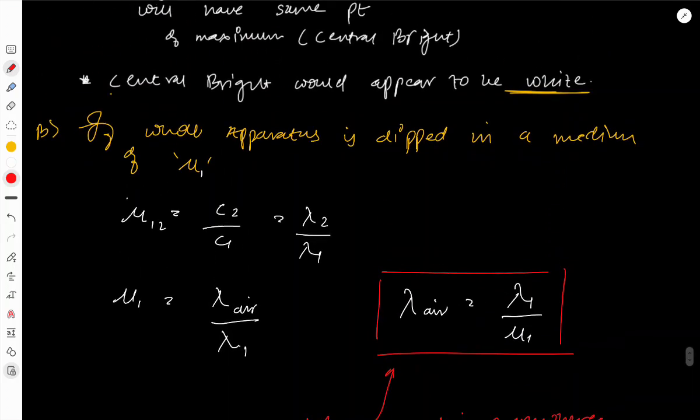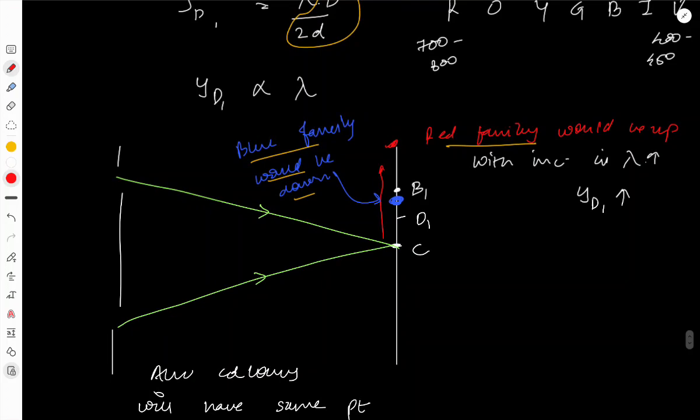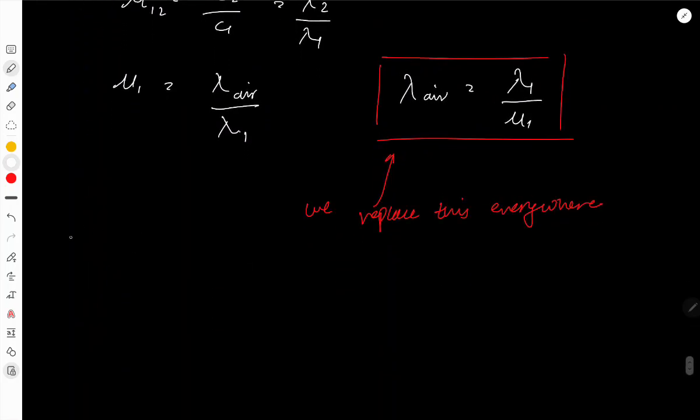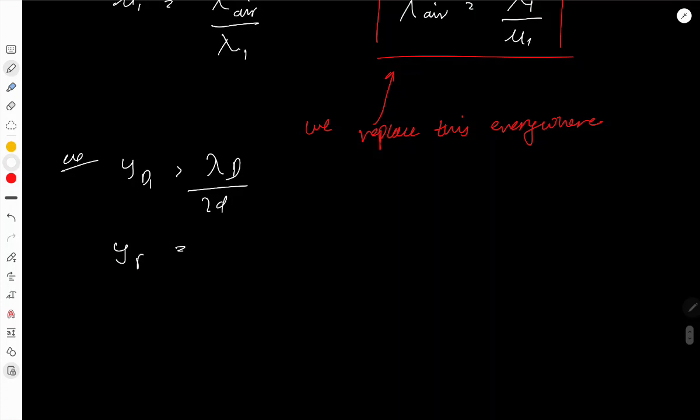For example, let us take the one we worked on right now: yD1 equals lambda D upon 2d, and now I would write it as lambda 1 upon mu 1 times D upon 2d. So I replace lambda in air by lambda 1 by mu, and that does not make a difference. That's it. And now we can solve it again.